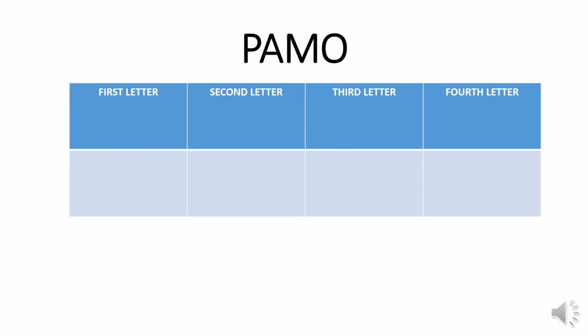So you can choose any of the 4 letters to be your first letter. So it's either P, A, M, or O, whatever you want to be your first letter. But of course, it is obvious to start with letter P, and then the next letter is A, M, or O. For your second letter, you now have 3 choices, because the first letter has been taken already.